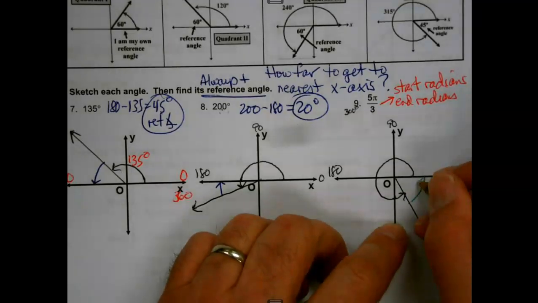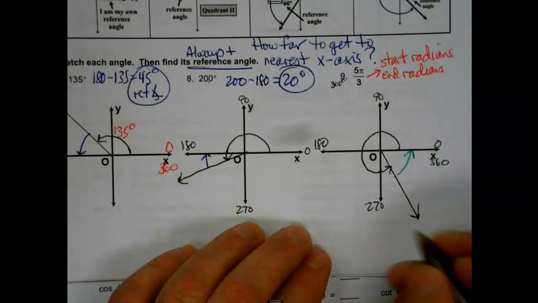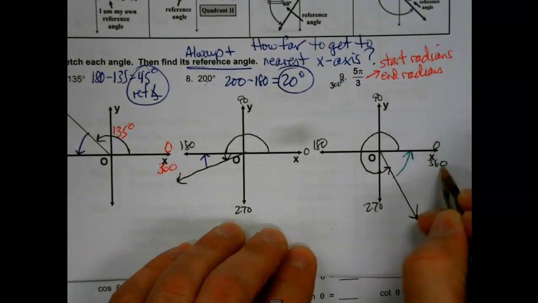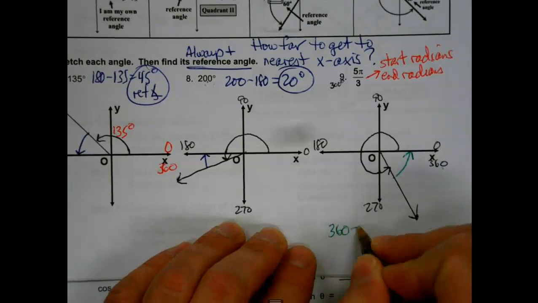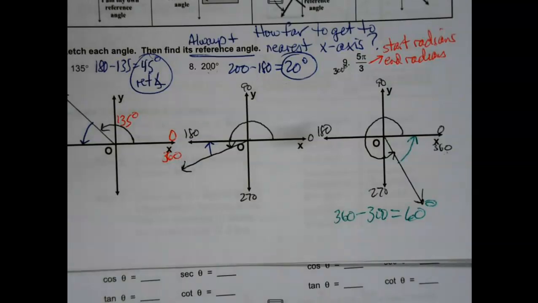I know this is the nearest x-axis. But here's the game. You're like, okay, so the nearest x-axis is 360. So you're like, all right, 360 minus 300. Hardy, my reference angle is 60.